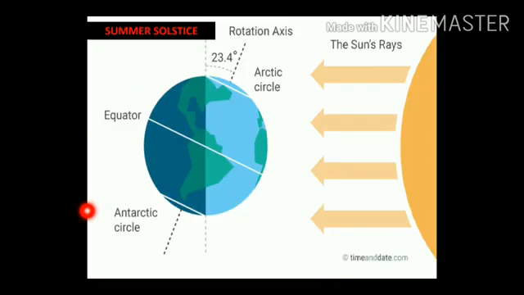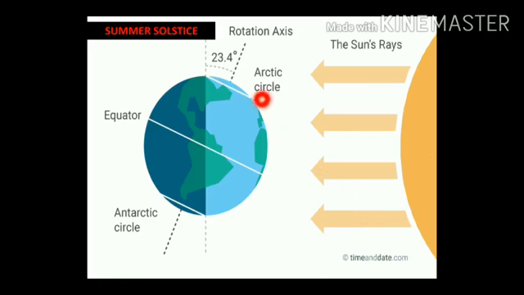On 21st June, the northern hemisphere is tilted towards the sun. So the rays of the sun fall directly on the Tropic of Cancer. As a result, these areas receive more heat, and at the same time the areas near the poles receive less heat as the rays of the sun are slanting.